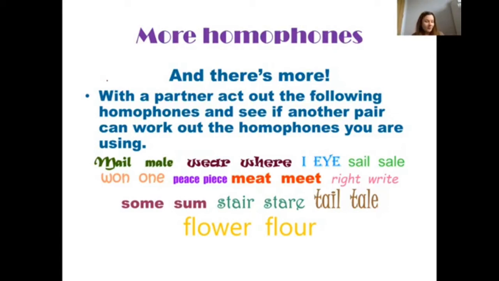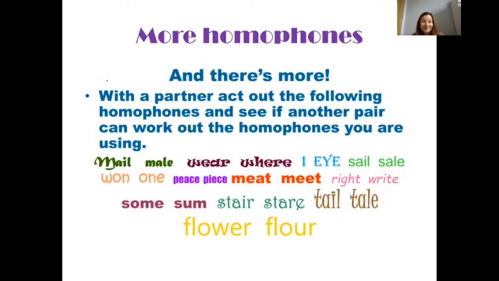Then mail is when you receive something in your post, and male is a person who is not a girl or a woman. It's one and one. So one and one, I won, and you and number one.